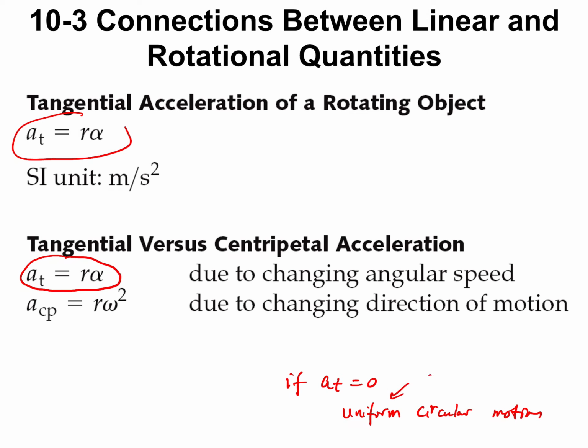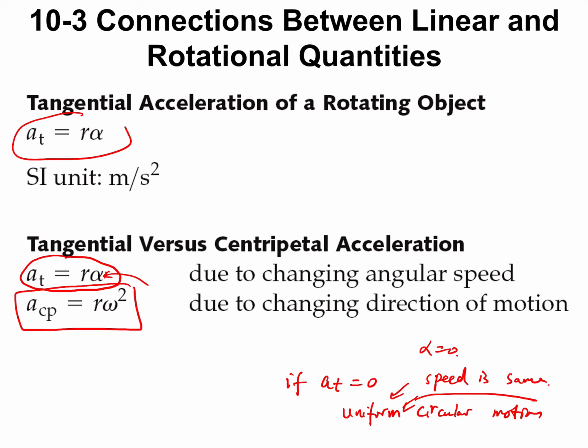Uniform means the speed is the same, which means you don't speed up, you don't slow down. So alpha is zero. If alpha is zero, then you have uniform circular motion. Even in uniform circular motion, you still have centripetal acceleration.